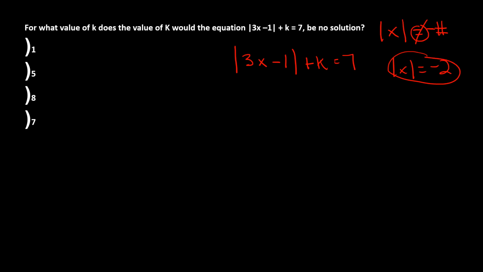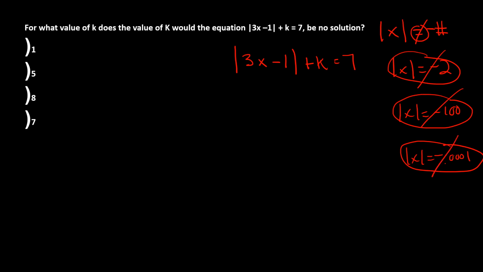Absolute value of negative 100? No, this can never happen. The absolute value of negative 0.0001, even a super small number? No, this can never happen because we can never get the absolute value of a negative value.